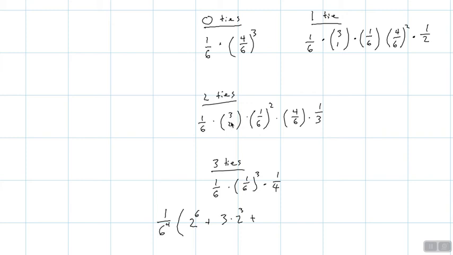And then here, 3 choose 2 is going to be just 3, but then we multiply that by a third, so that'll cancel. And we're left with just 4, so 4 is 2 squared. And then here, the only thing we have is this 1/4, which is just 2 to the negative 2.